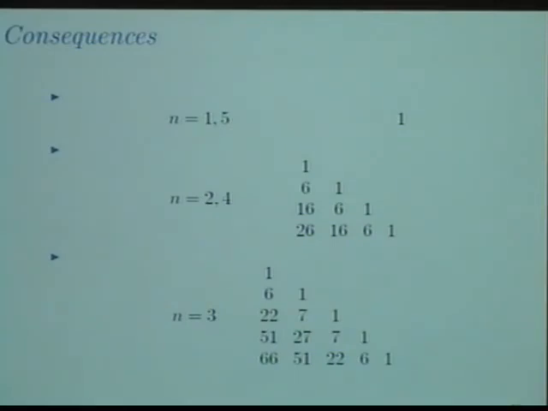But there's a somewhat more hidden feature here, which I don't know if anybody can spot. Not to put anybody on the spot, but, no. Well, the numbers 1, 26, 66 are other well-known numbers. They're called the Eulerian numbers.